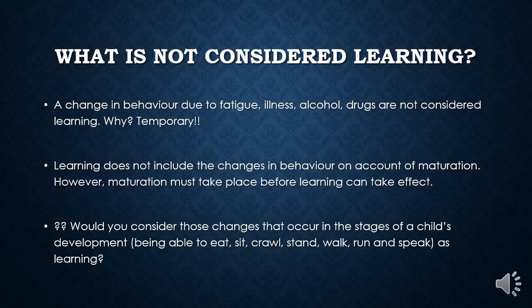So let me ask you, would you consider those changes, that is being able to eat, sit, crawl, stand, walk, run, and speak, as learning? Your guess is as good as mine. No, they are not learning. Those behaviors occur as a result of maturation. So you can't regard them as learning.